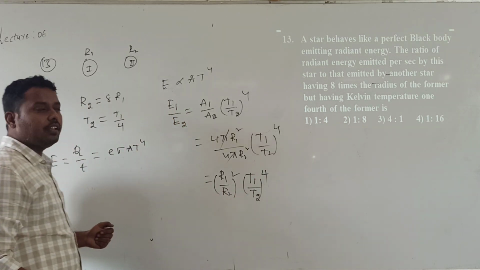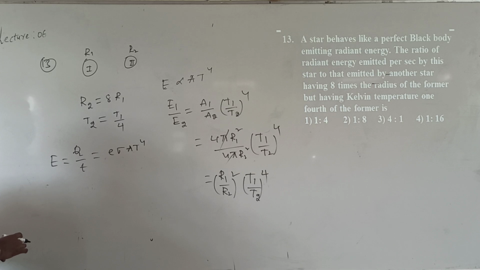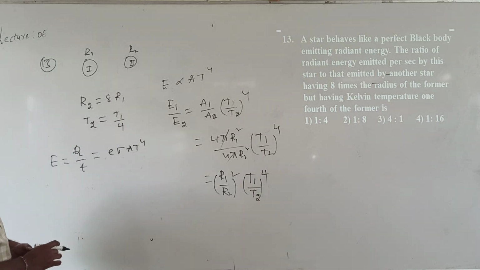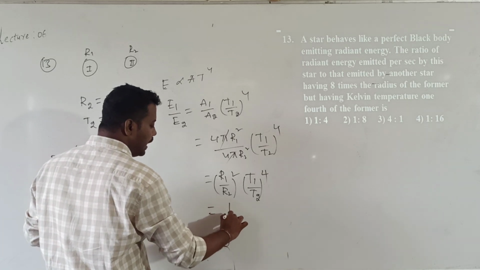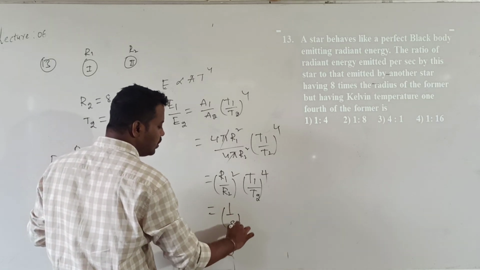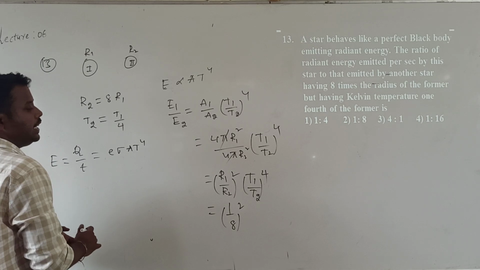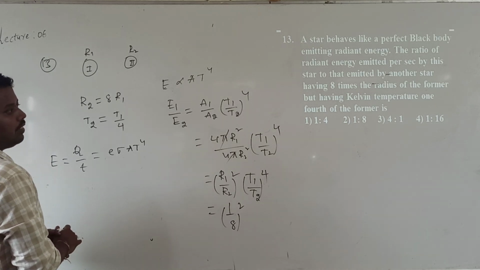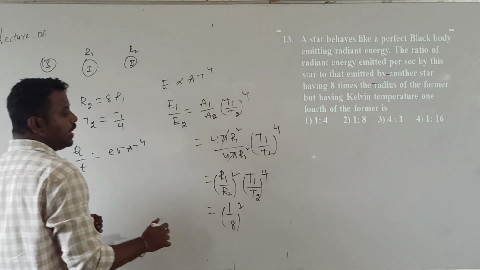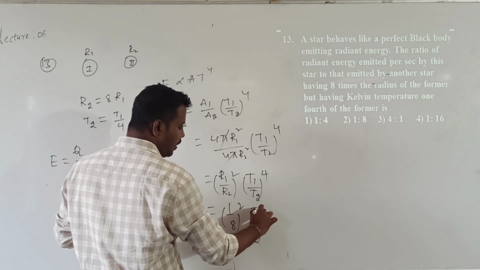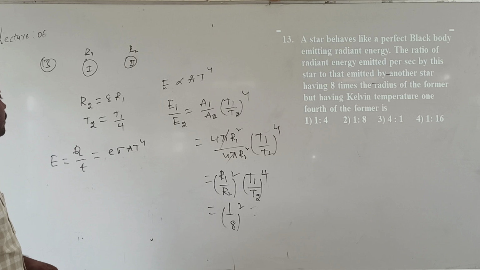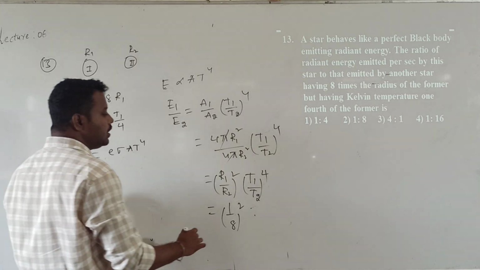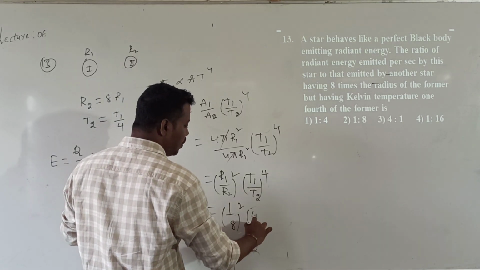Right? So then R2 value is 8 into R1. So R1 by R2 value is given by 1 by 8 whole square into T1 by T2 whole power 4. What will be the answer for T1 by T2? T2 is equal to T1 by 4. So T1 by T2 value is equal to 4 power 4.